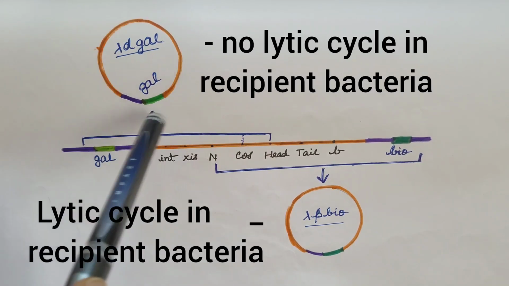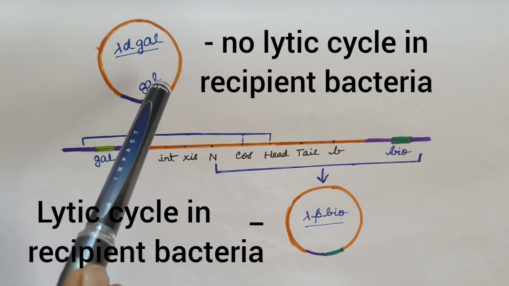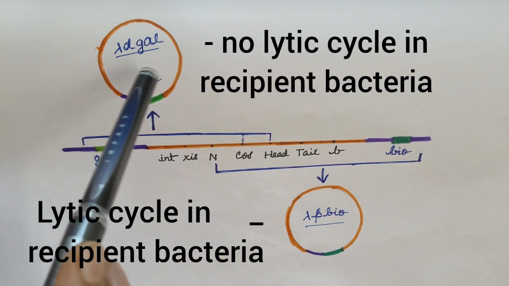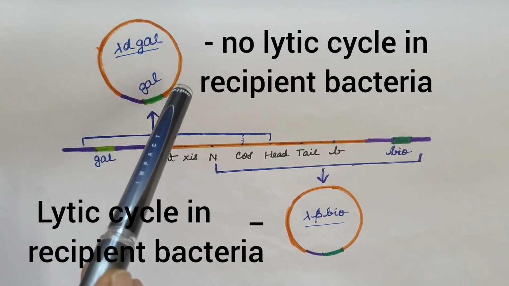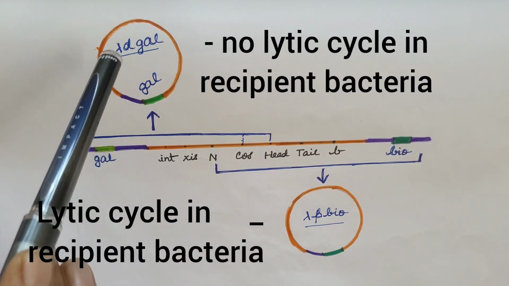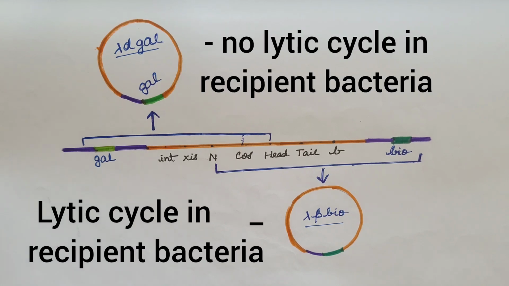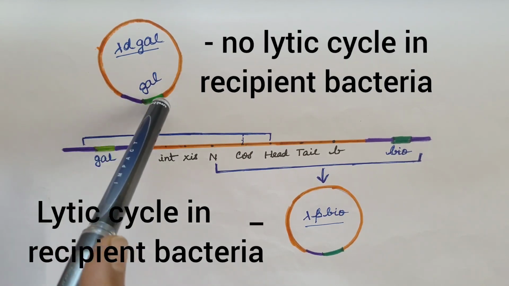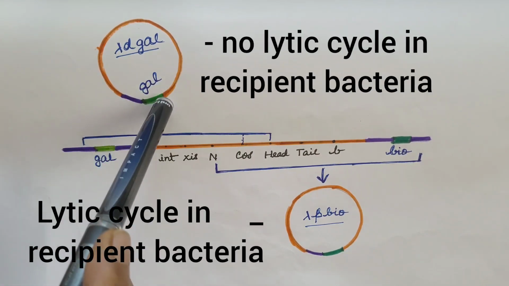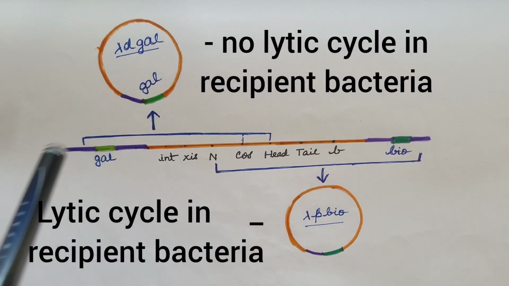But when these transducing particles are released by the lysis of the donor cell and infect any recipient bacteria, in that case, these transfer the donor bacterial gene to the recipient bacteria.